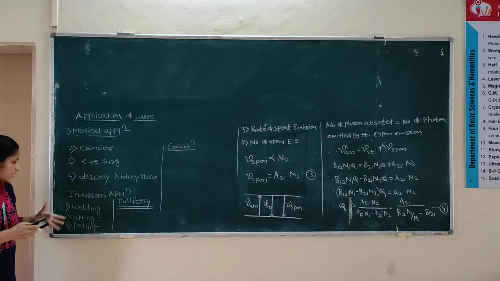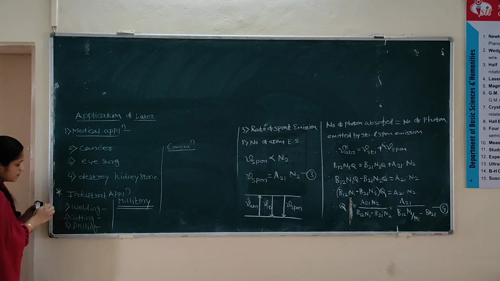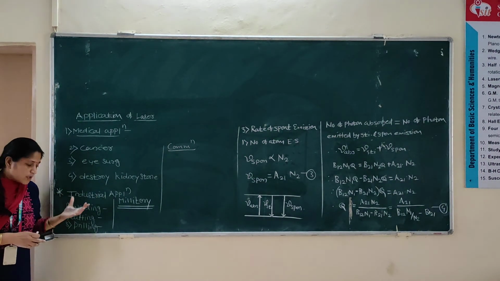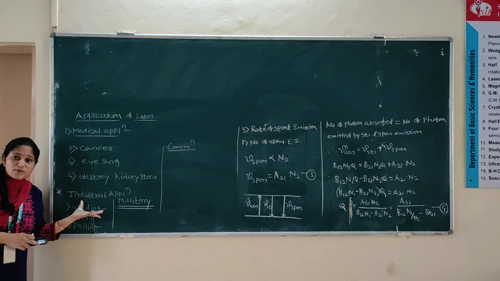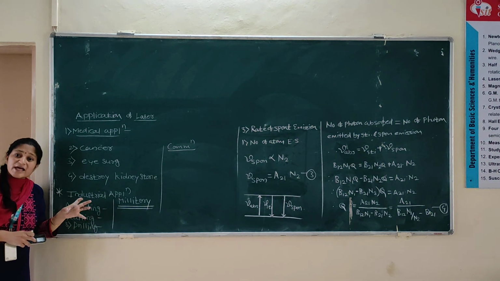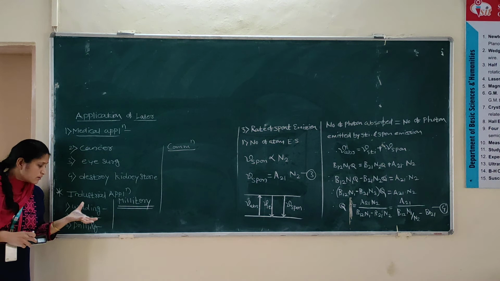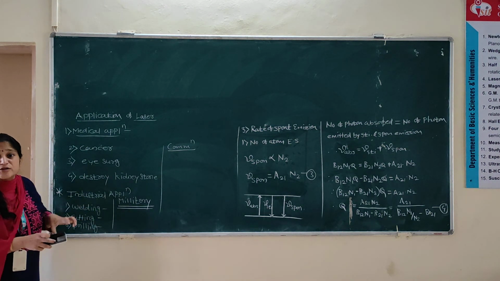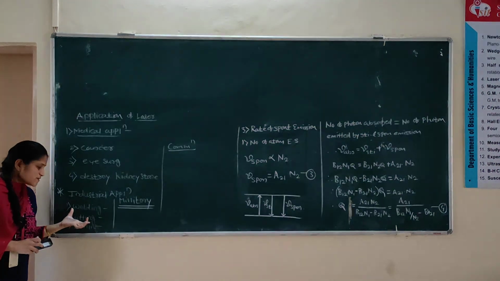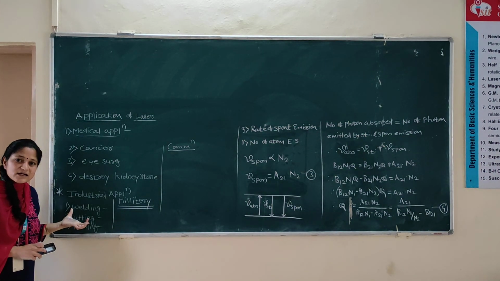Now the second application is industrial application. First industrial application is welding. The laser is used as a heat source, and due to this the laser can join two metals. Second industrial application is cutting.